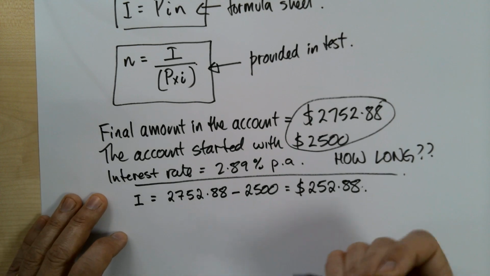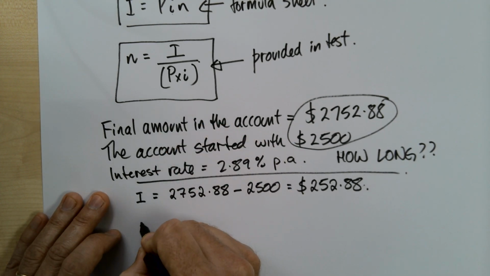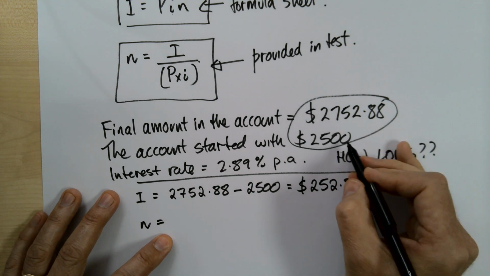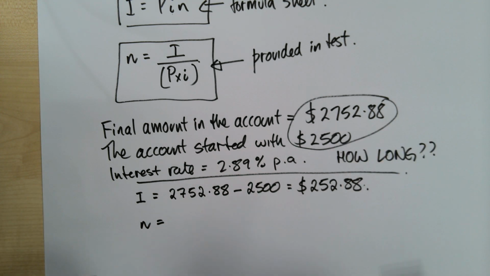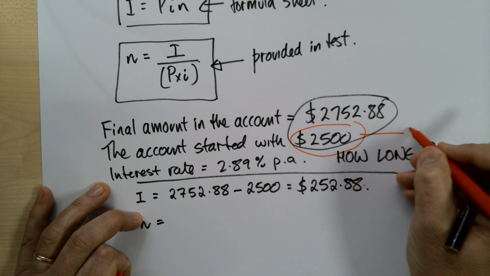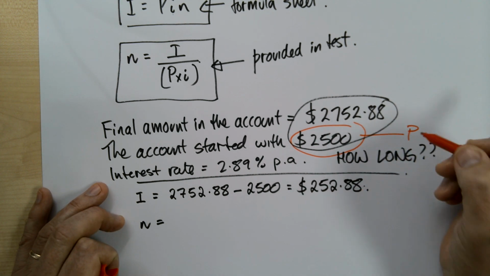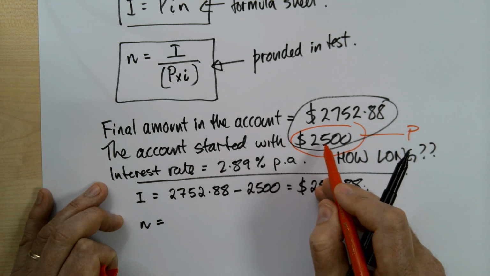So now we go and use this magic formula. I know that P is the original amount. That's P. By the way, feel free to write on the exam question.